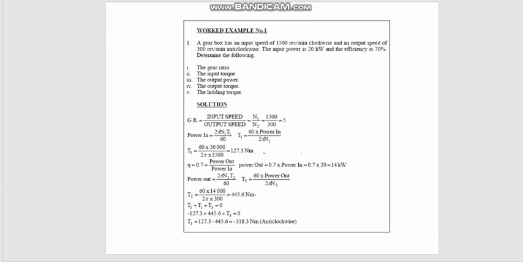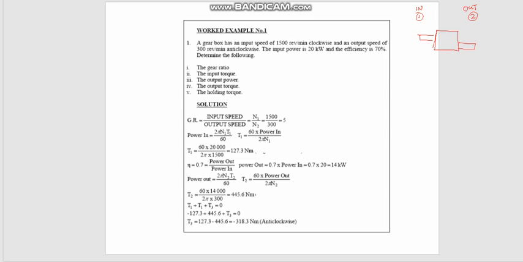So let's sketch the gearbox system. Again, as mentioned earlier, the gearbox system can be represented by just a box, and you have an input shaft and an output shaft. I just name them as input, in, and this is out. We designate the input as 1 and the output as 2.